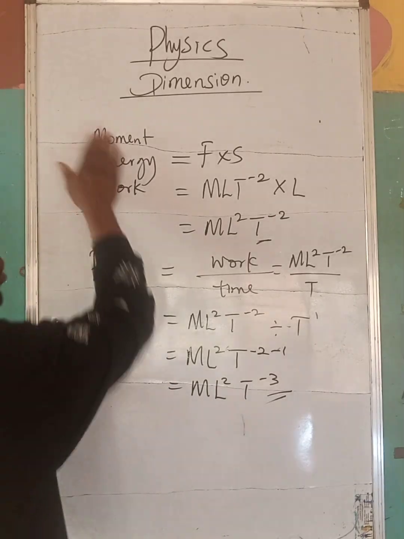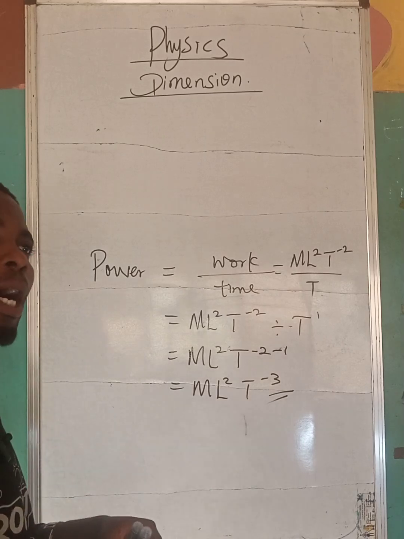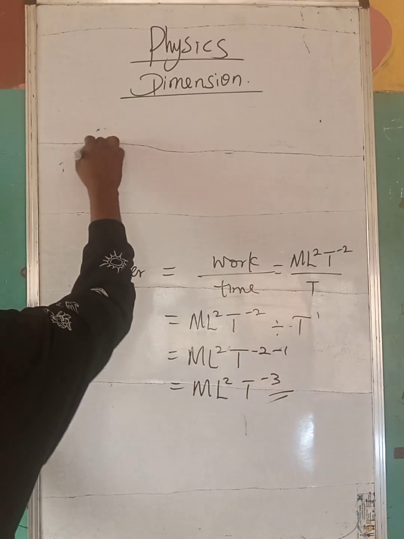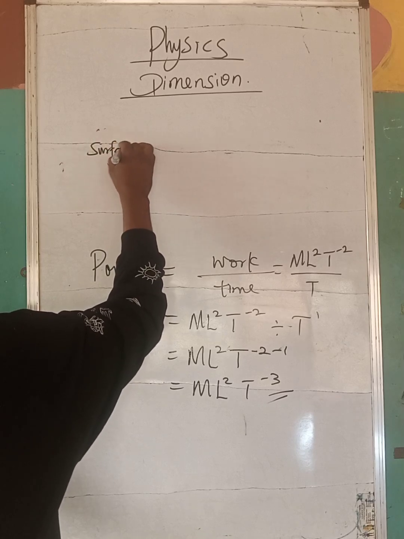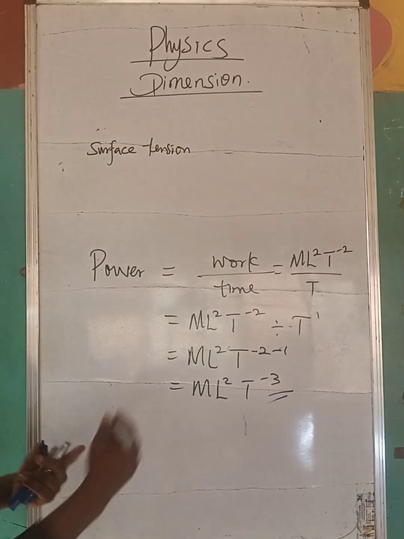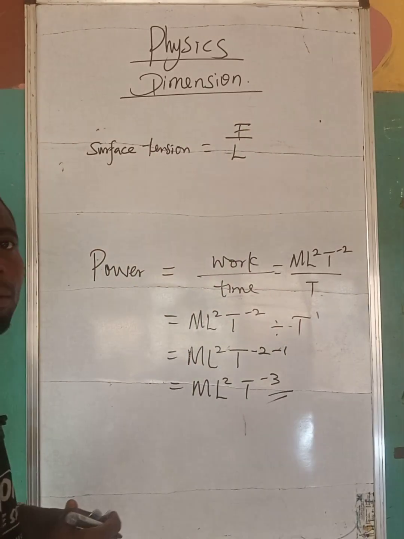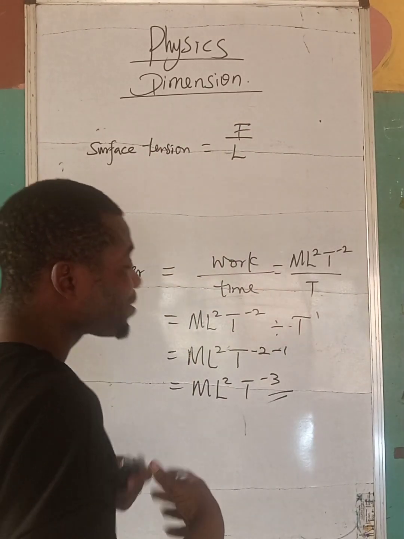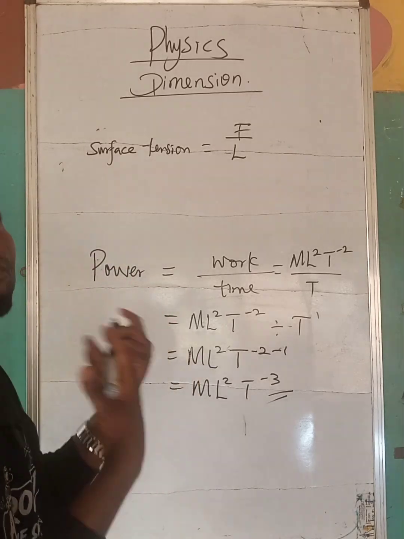Now let me give you one more. Let's talk about the dimension of surface tension. The formula for surface tension is force over length. Take note of that. Remember I told you before, to get any dimension you need the formula of that quantity. The formula is force over length.